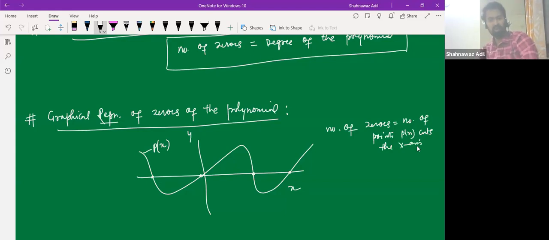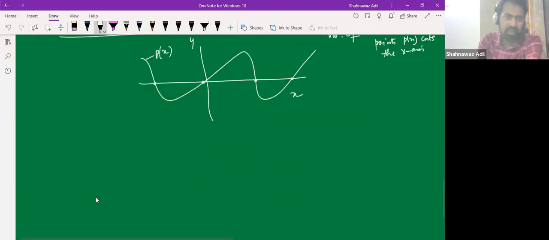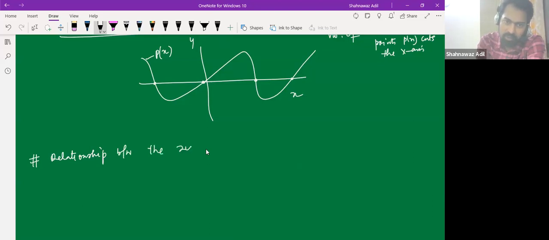This we understood in the polynomial, and then what else did we understand? That we have a relationship between the zeros and coefficients of the polynomial.